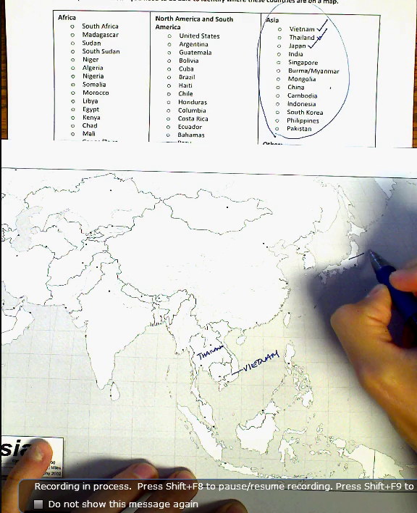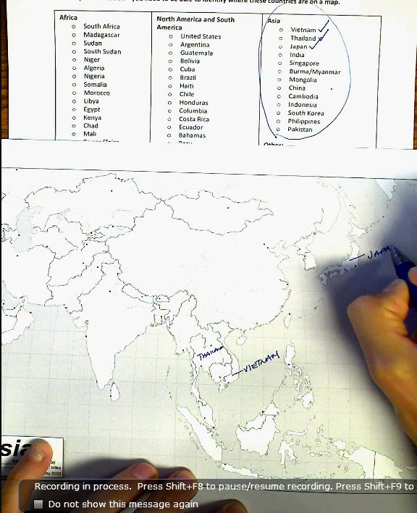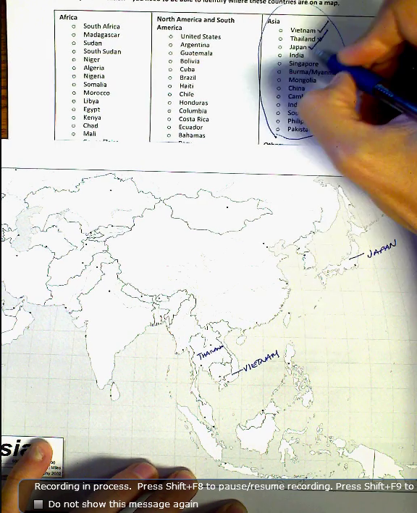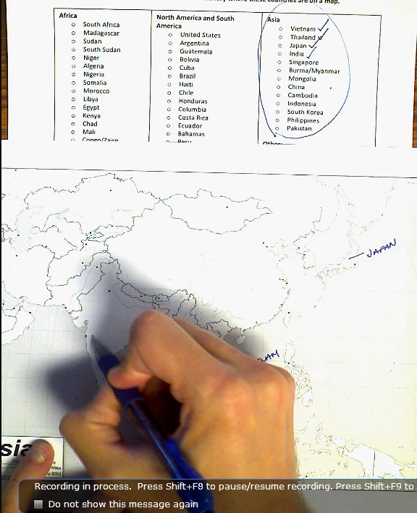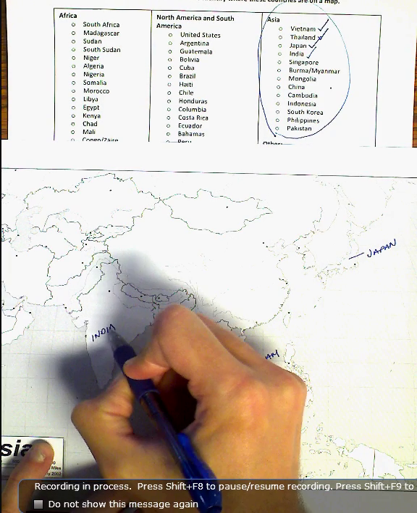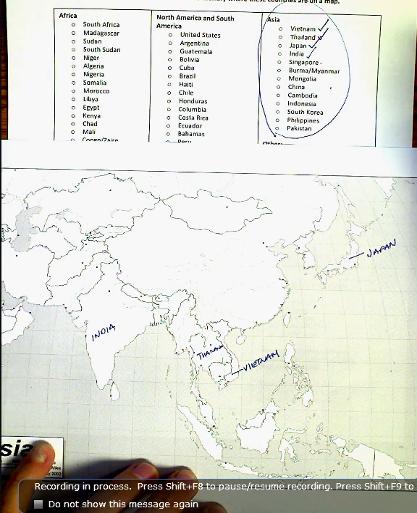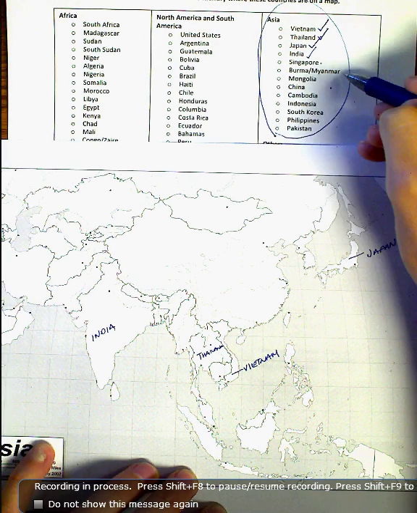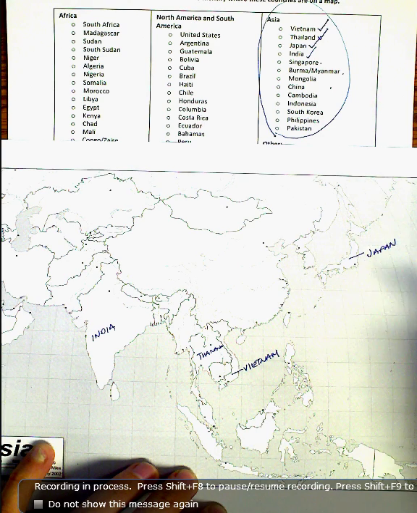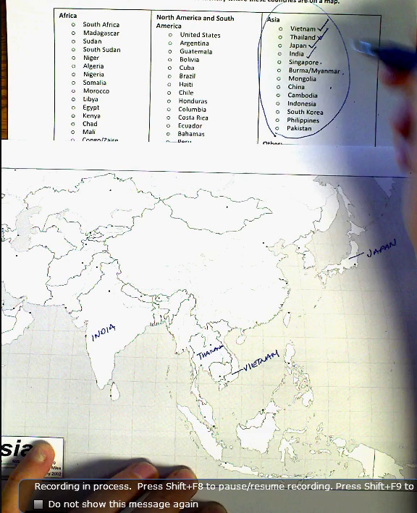Japan. India. Singapore. Let's say I don't know that one, so I'll skip that. Burma and Myanmar. I'll pretend as if I don't know where that is either and skip that one.